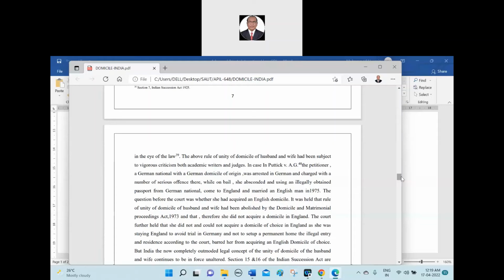Is it not an indirect way of getting the domicile? Absconding from Germany is a disguised form of getting the domicile.